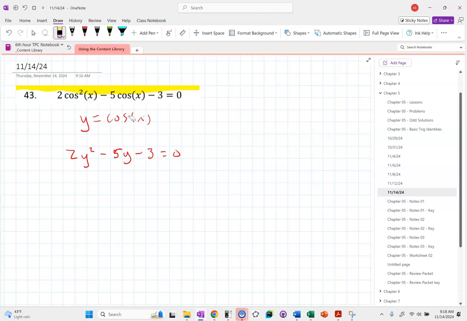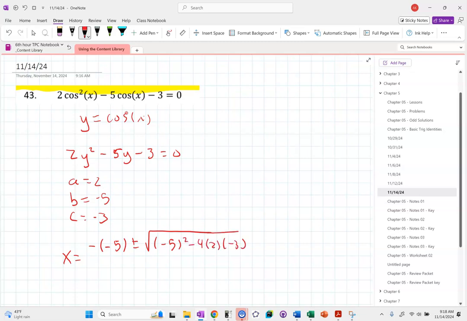To solve this, maybe we use the quadratic formula, where a equals 2, b equals negative 5, and c equals negative 3. So x equals negative b plus or minus square root b squared minus 4ac all over 2 times a.